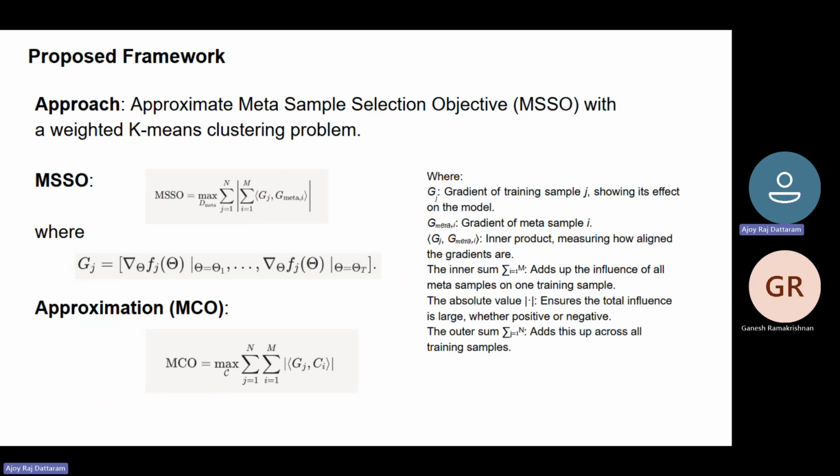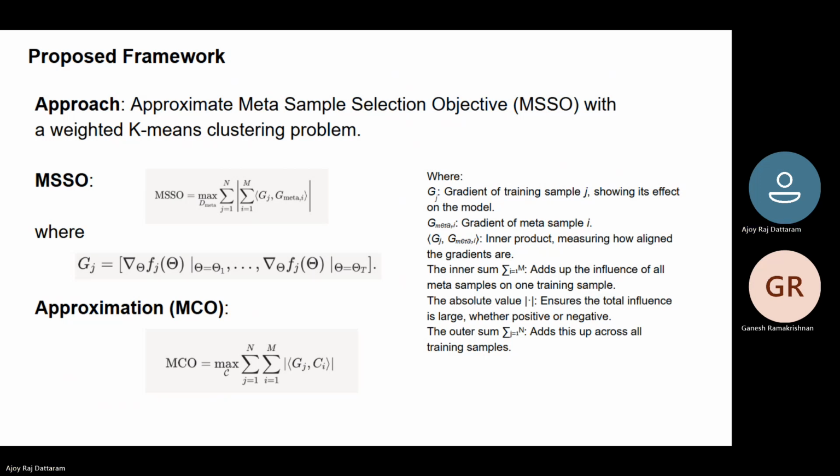It's a convex function. MCO is an approximation of MSSO.